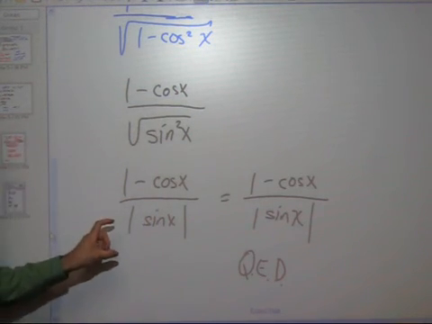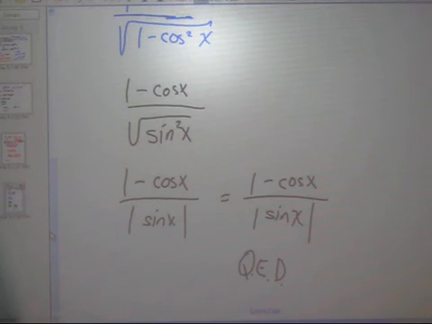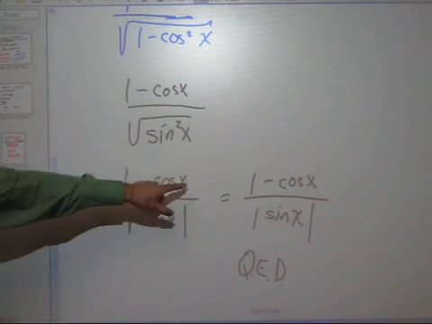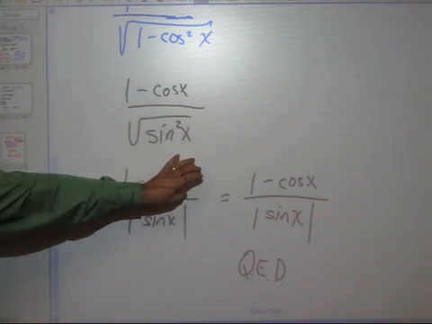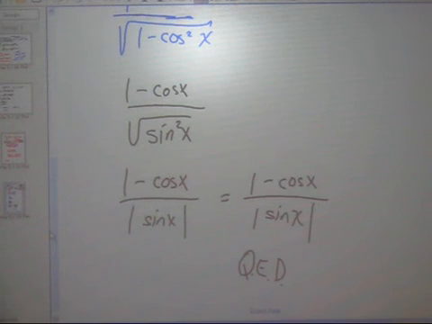So the root is a positive root. To maintain a positive out of this thing, I have to put absolute values on that because it can be negative in places. Even though the cosine can be negative, it never adds out to be a negative out of the root. That's why it doesn't need an absolute value on the top. You should remember that from algebra 2. You're supposed to remember that from algebra 2.